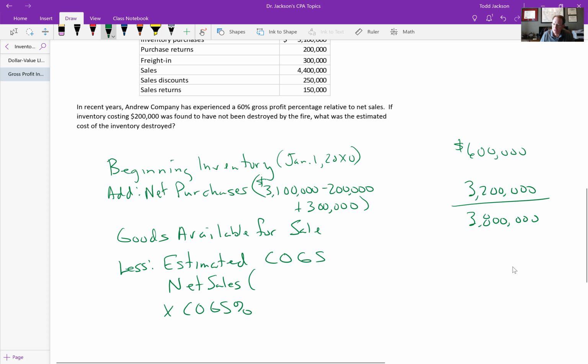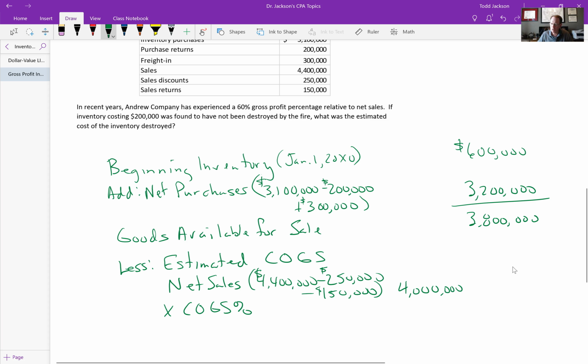So the net sales we'll obtain by taking the sales, $4.4 million, and subtracting the two contra sales amounts that we have, the sales discounts and the sales returns. And that will give us $4 million.